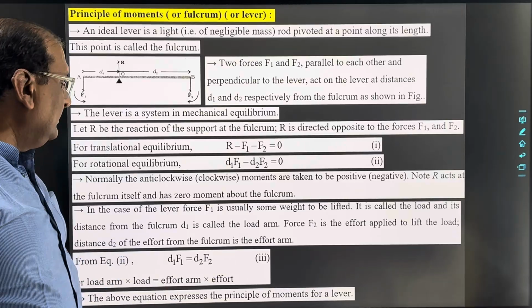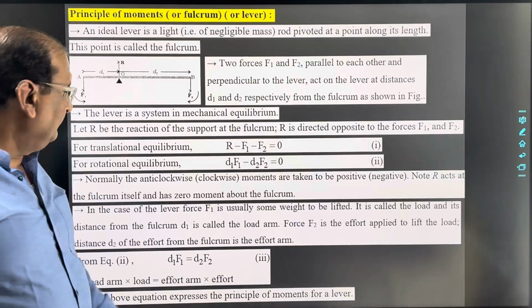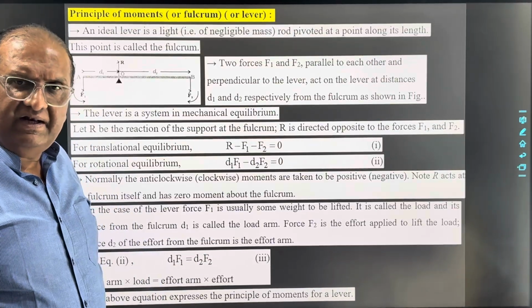The above equation expresses the principle of moments for a lever. This equation itself is called the principle of lever.